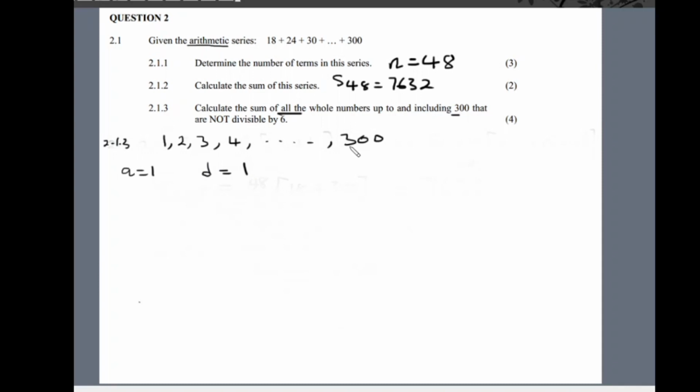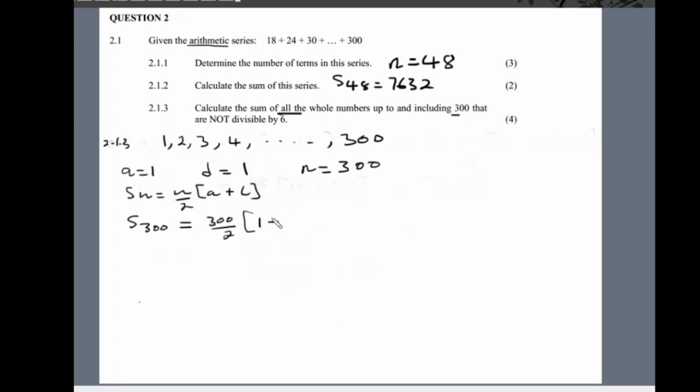So in this sequence we have 300 terms because it's 1, 2, 3 all the way to 300. So our n in this sequence will be 300, right? It's an arithmetic sequence, so we will apply this formula for Sn, n over 2 times the first term plus the last term, right? So we are summing 300 terms, yeah?